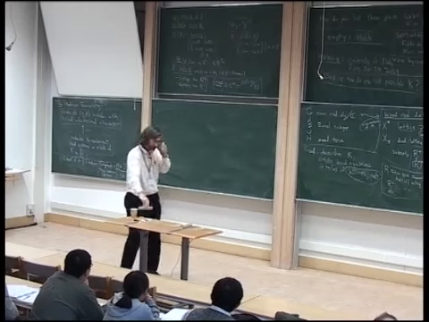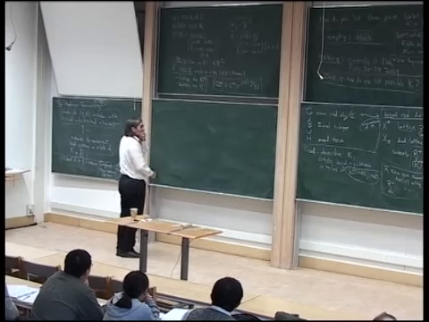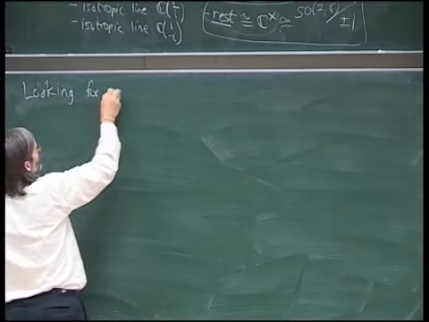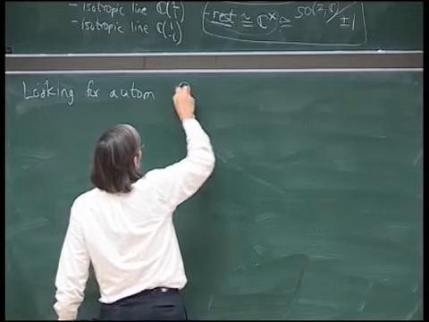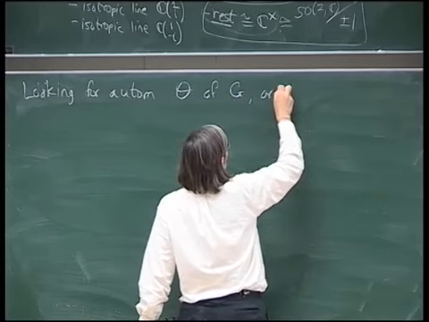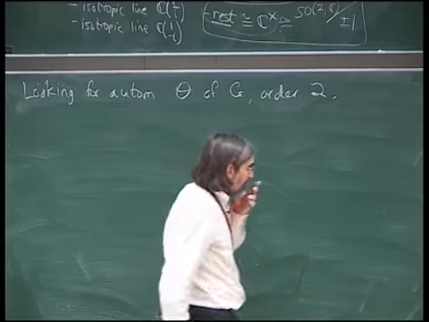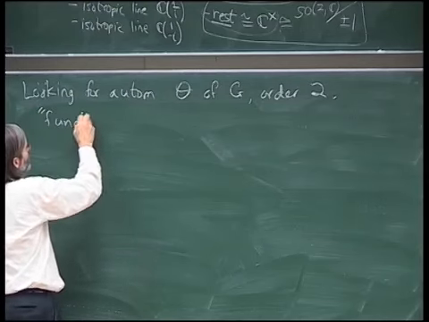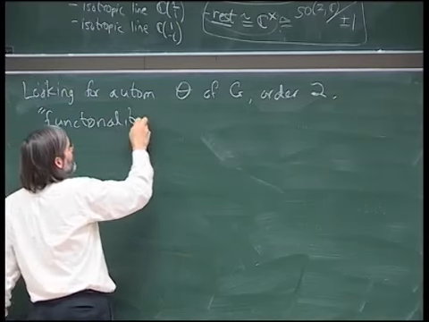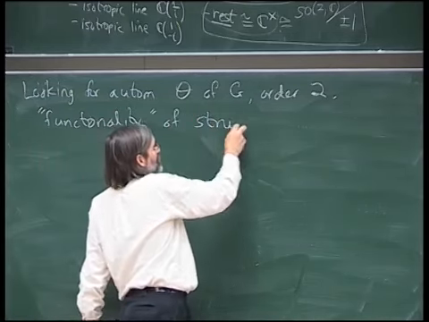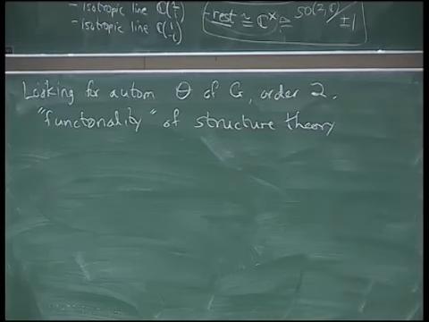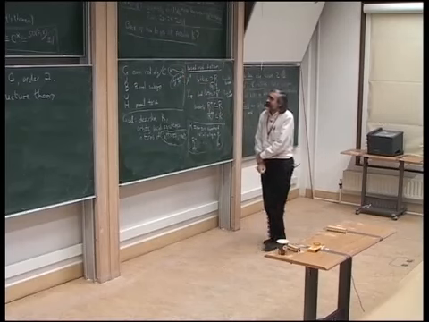I'm looking for an automorphism theta of G of order 2. The functoriality of the structure theory, when I write this arrow, this is everything ever written about reductive algebraic groups.